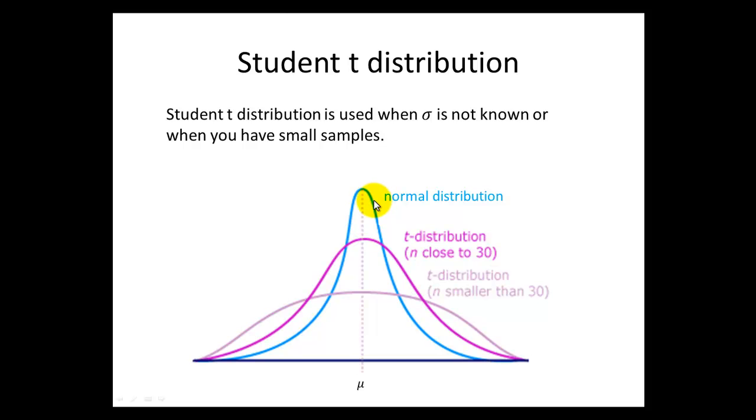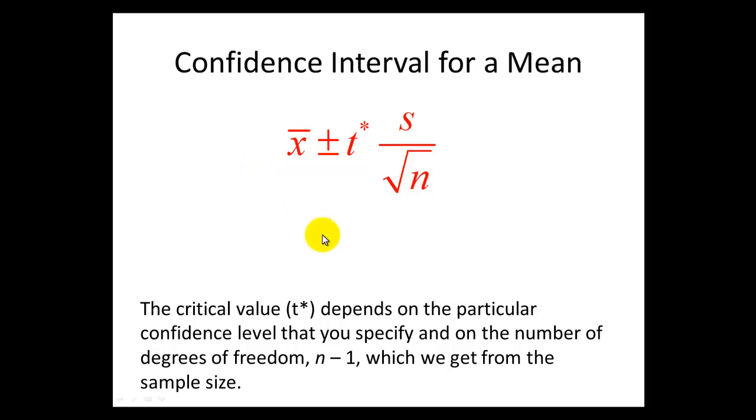Let me show you what I mean. The confidence interval for a mean is given by this formula in red. Our point estimate plus or minus t star times s divided by the square root of n. T star this time, not z star.